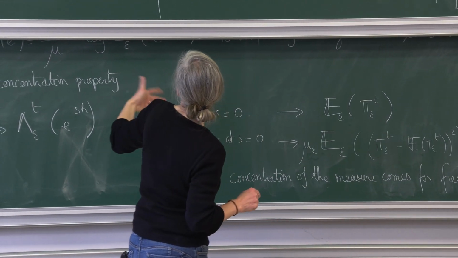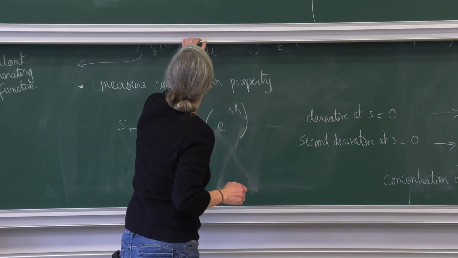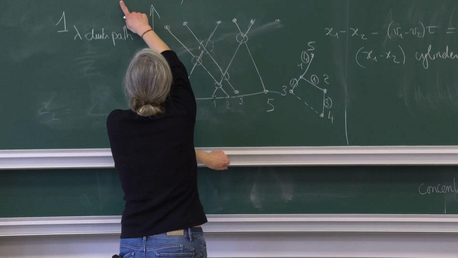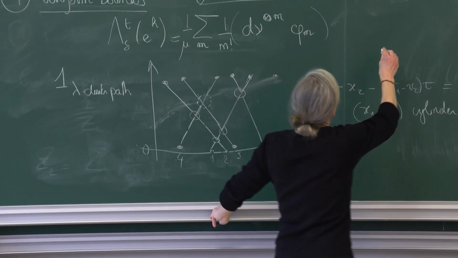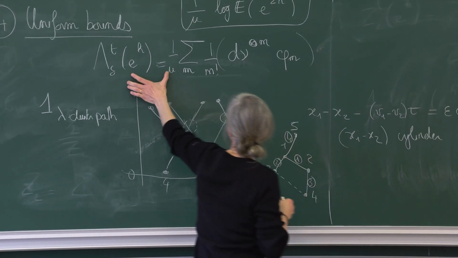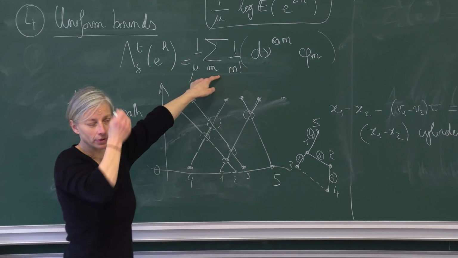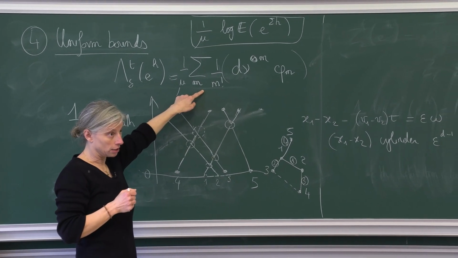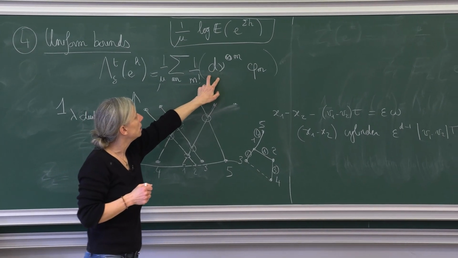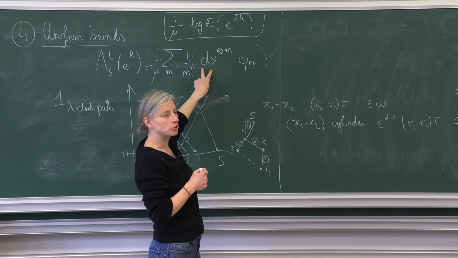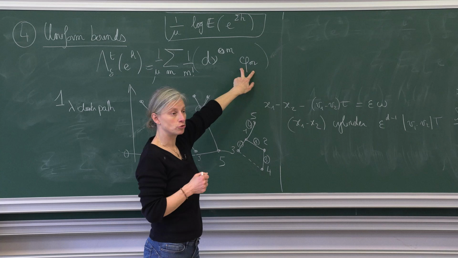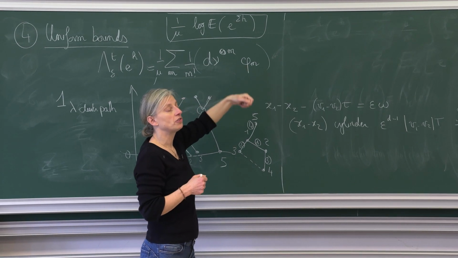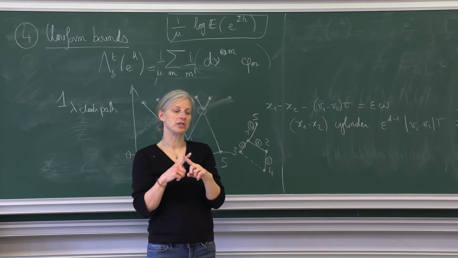So you would like to get the asymptotic formula for this. I said that you have only connection by trees here, and the other thing is that of course the measure will become singular.